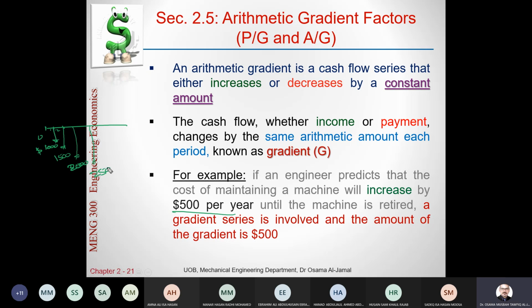Year four, $2,500, and so forth, till the end of its life, until the machine is retired, or salvaged, or sold. The useful life of that machine.